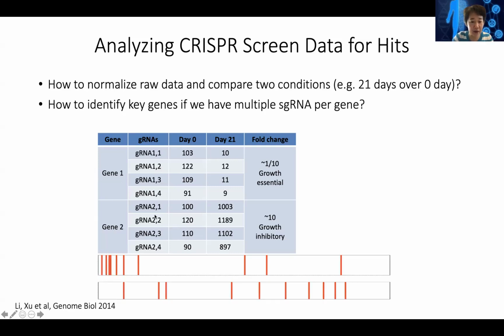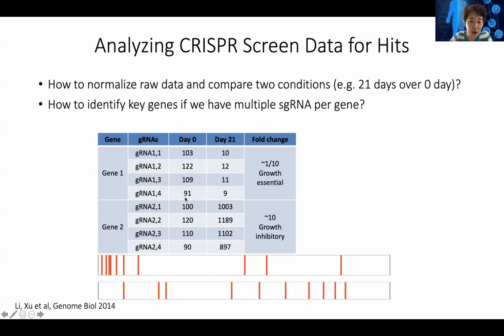After you normalize the overall data so that most of the guides in day 0 and day 21 are similar, with no fold change, we rank all the genes by their fold change between the 2 conditions, from the most negative log fold change to the most positive log fold change, and you rank all the genes by their p-value of differential abundance.